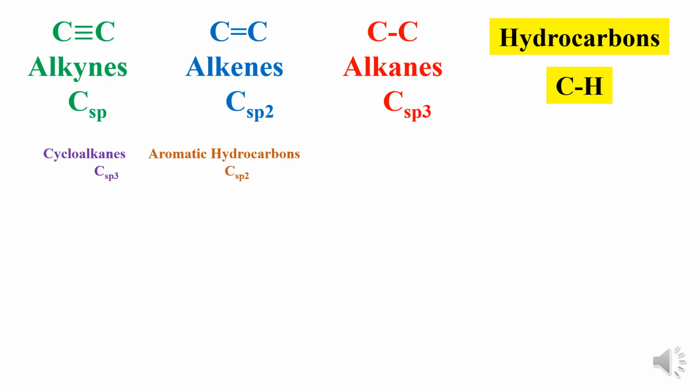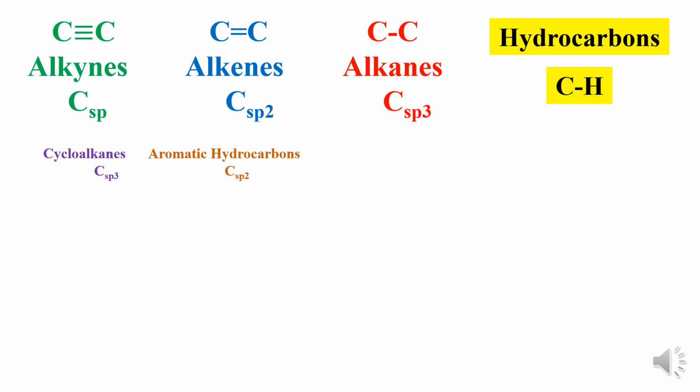Now alkanes are saturated hydrocarbons and they are characterized by the presence of carbon-carbon single bonds in their molecule. And the carbon atoms in alkanes are sp3 hybridized. Alkenes are unsaturated hydrocarbons characterized by the presence of a carbon-carbon double bond in their molecule, where the carbon atoms are sp2 hybridized.